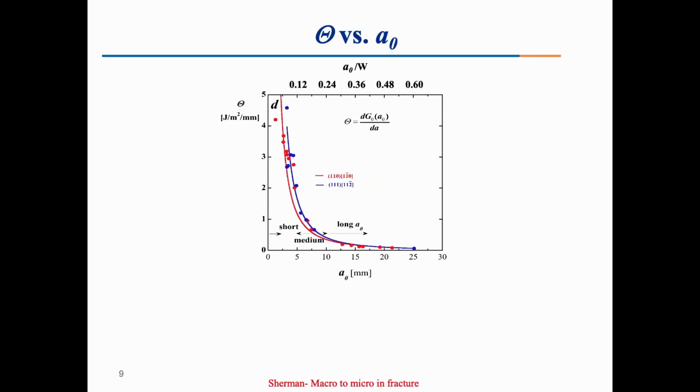This is just to show you the relationship between theta and A naught, the initial crack length. And you can see that it increases very rapidly for very short pre-cracks. We are using theta to demonstrate our experimental result.